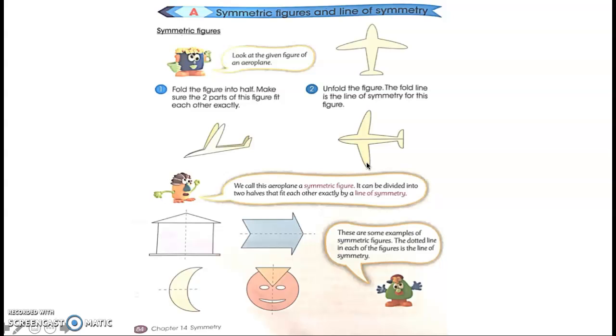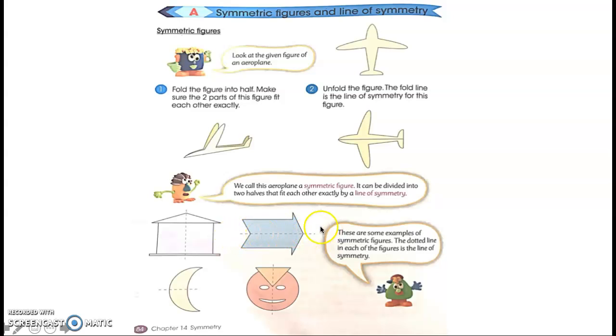halves. Now see this example. For example, if I draw this line and fold this house from this line, the two sides will overlap each other without deviating on any side, right? So this house is symmetrical, and this will be the line of symmetry.